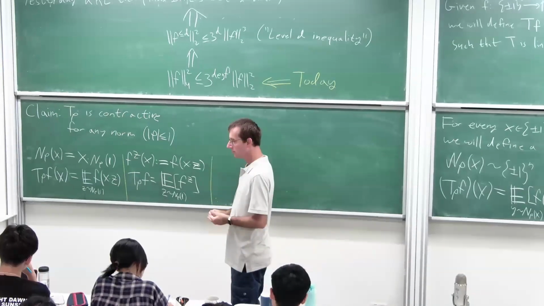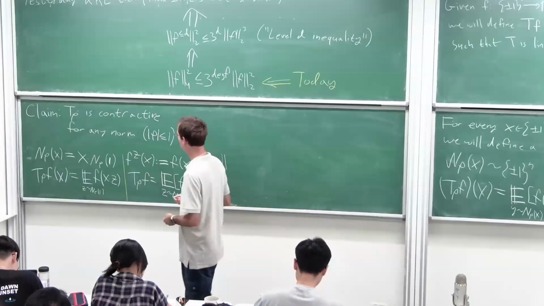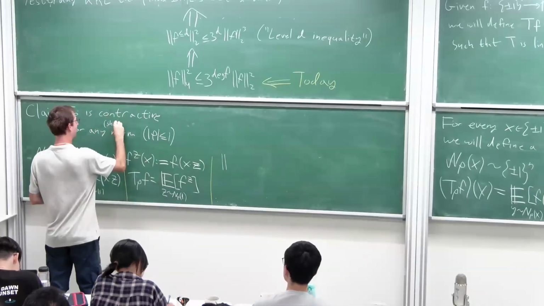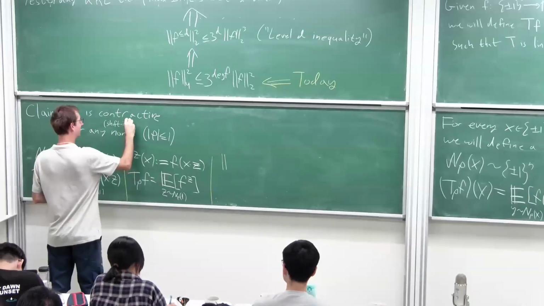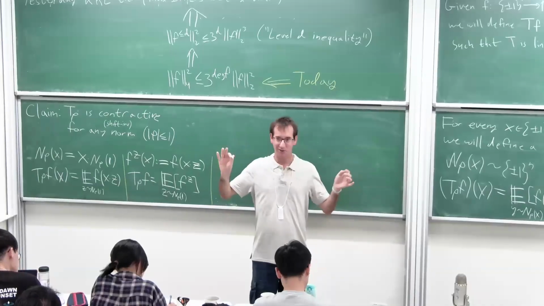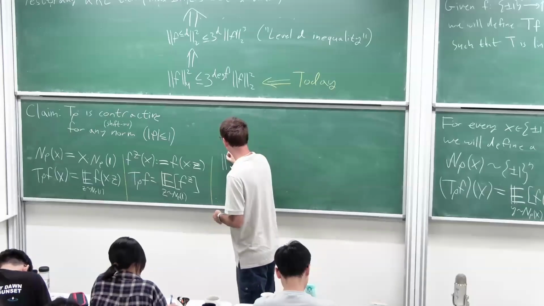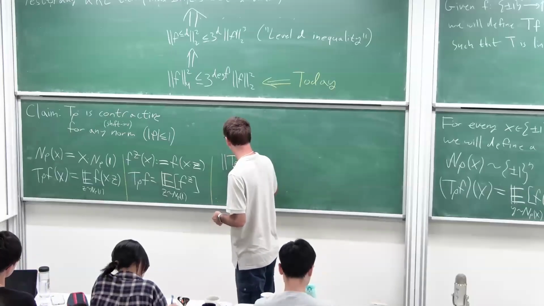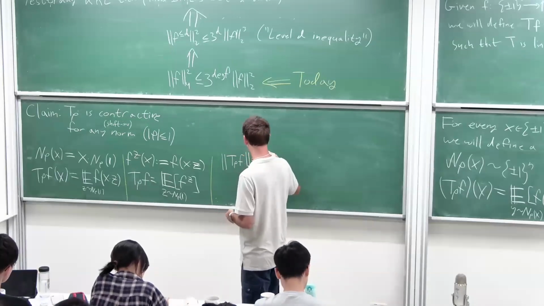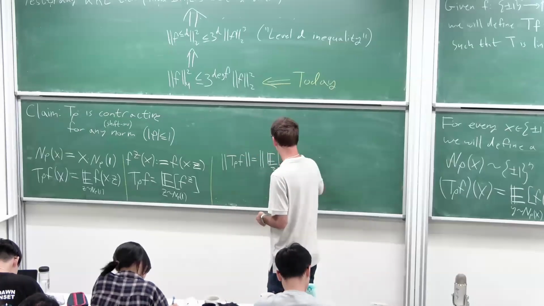Now you take any norm. Not any norm, but any shift invariant norm. We'll see what shift invariant is. Let's think about Lp norms, but it's true in greater generality. So the norm of T rho f is the norm of this expectation taken over z of f_z.